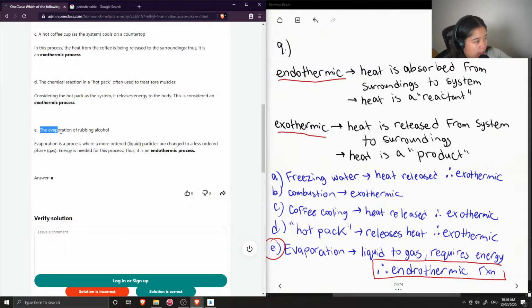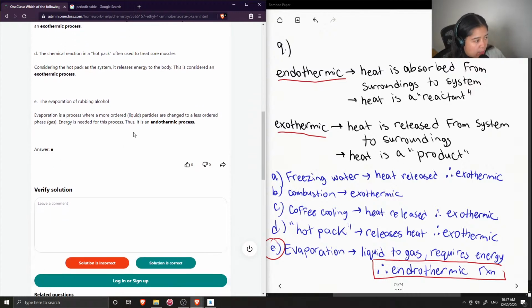And then lastly, E, evaporation of rubbing alcohol. Evaporation is a process where more ordered liquid particles are changed to a less ordered phase, which is gas. Energy is needed for this process, thus it is an endothermic process. Yep, so this solution is correct.